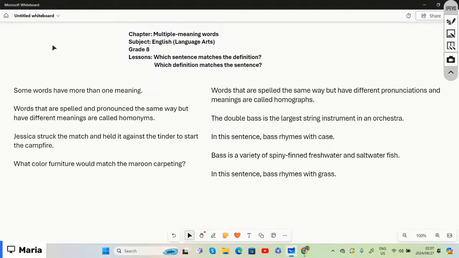I'm not sure. Is it grade four for English or for maths?